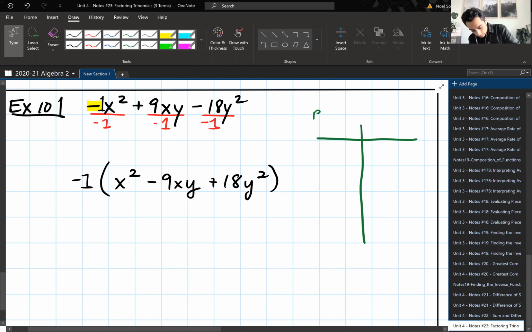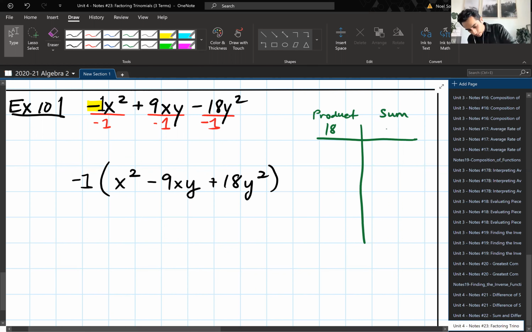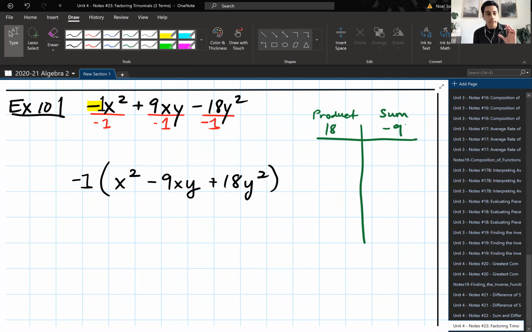We want the product of 18, right? Let's just focus on 18 first so we get the numbers right, and then we'll worry about the y squared part. And we want them to be a sum of -9. So for now, I'm not worried about the variables. I just need to make sure I get those factors correctly, right? The actual integers. What combination of factors will give us a product of 18 and then add up to be -9?